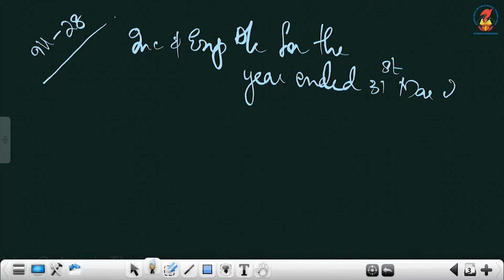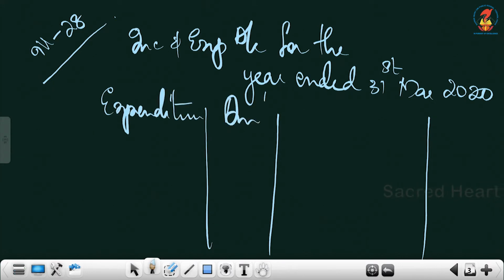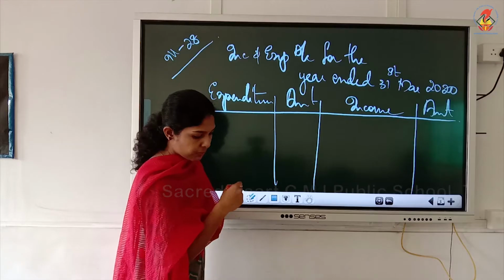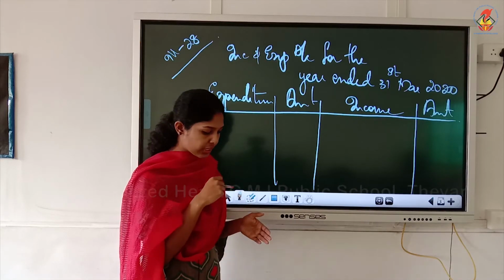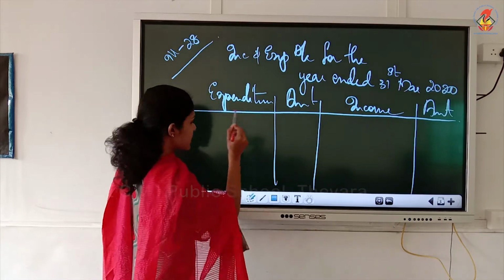March 2020. That opening balance you can ignore, that will go to balance sheet directly. Entrance fee we have to consider here.